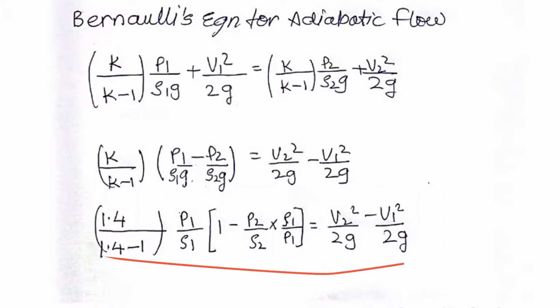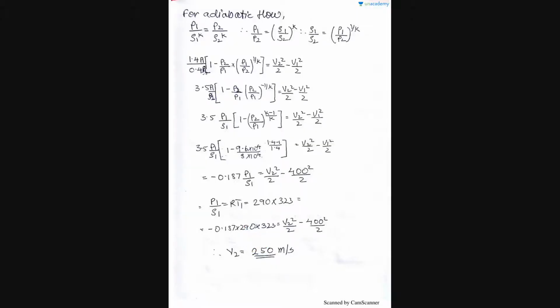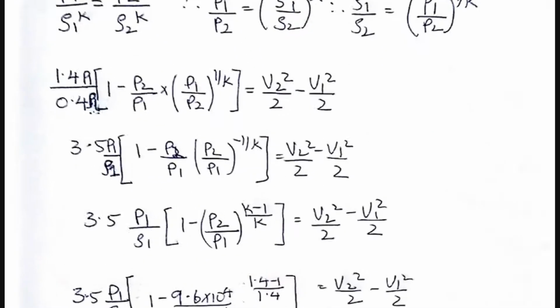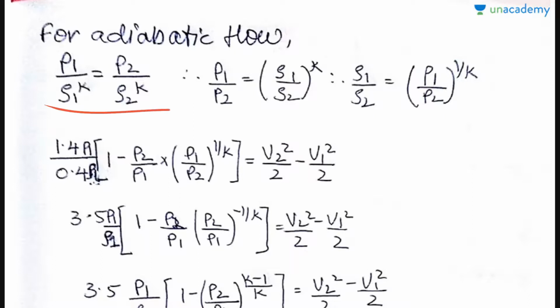In this question, we don't know the value of rho1 and we don't know the value of rho2. Since this is an adiabatic flow, we have this as the relation of the density with respect to the pressure. We already know the values of P1 and P2. So we will bring this value of rho1 over here, and we'll be getting this as the equation.